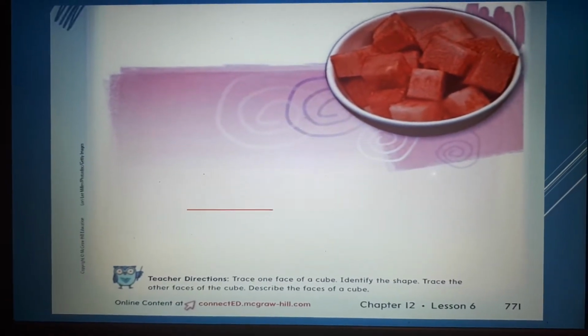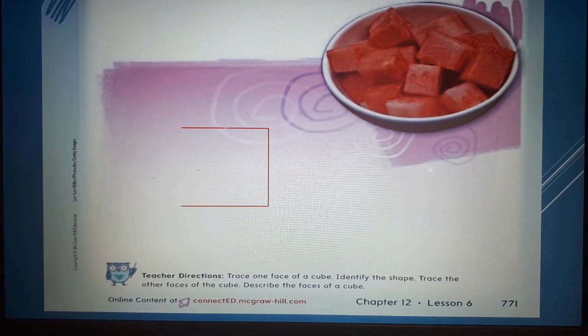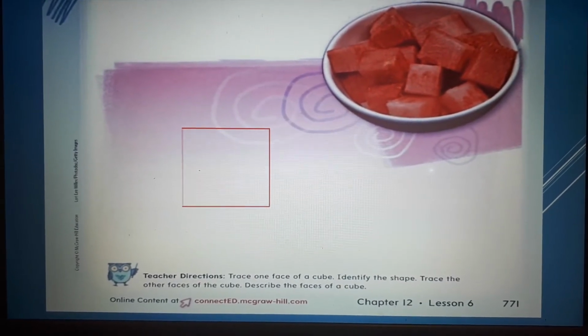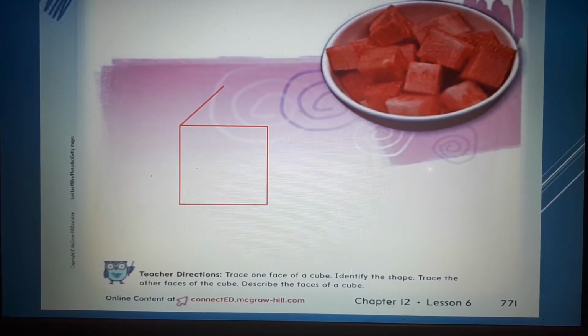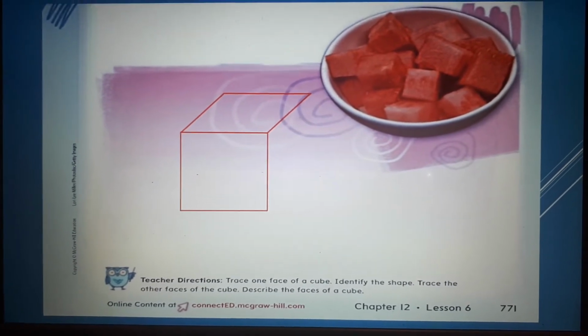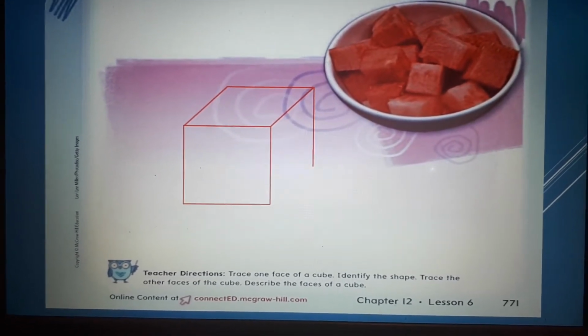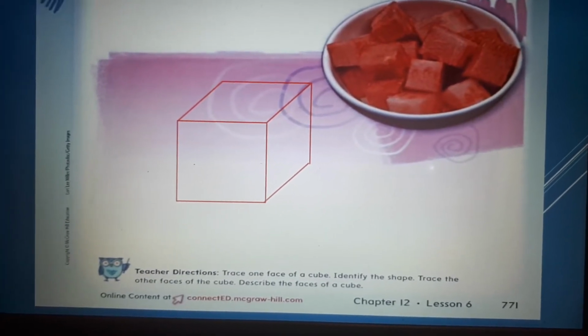Draw a first line, then draw another line to make a square. And then we will connect them. You will draw another line like this above it. And remember, all the sides are the same. What's this? Excellent, it's a cube.